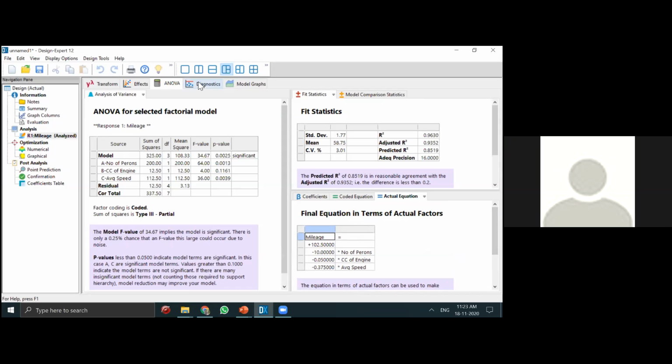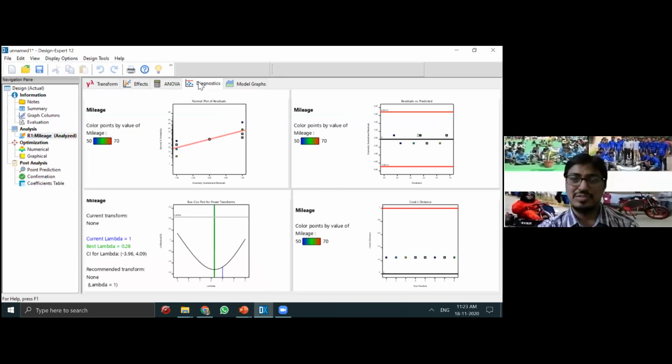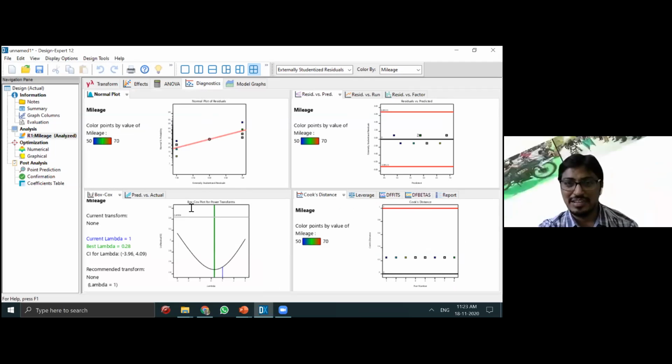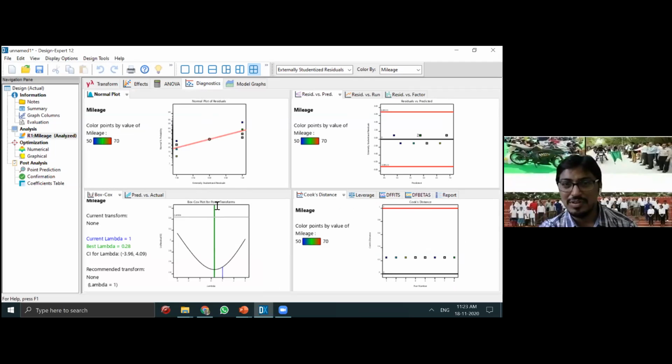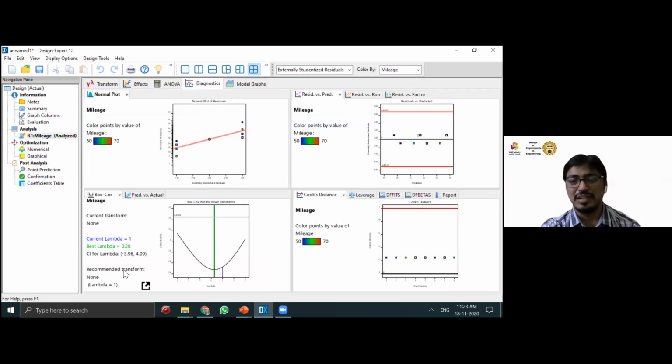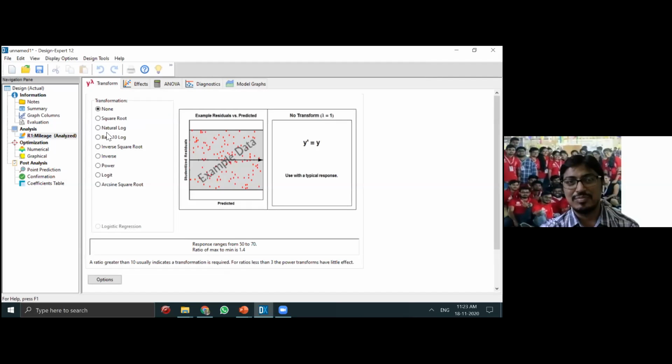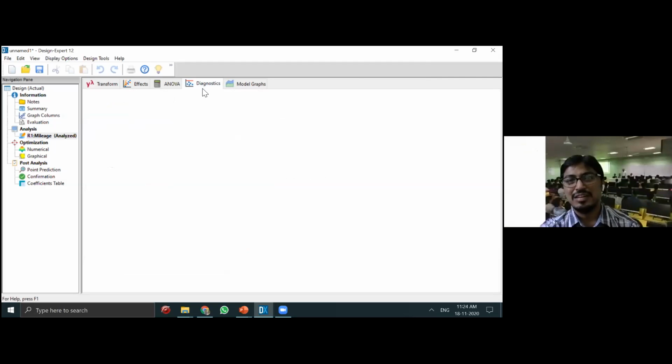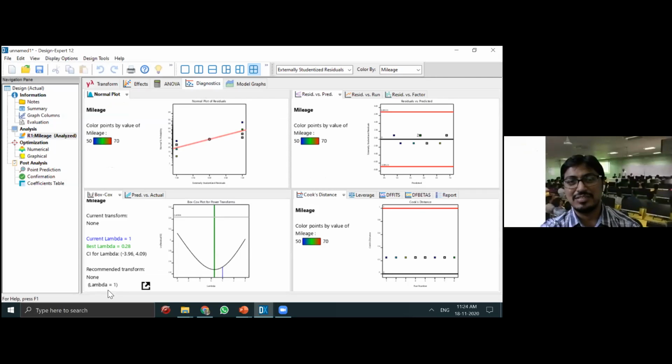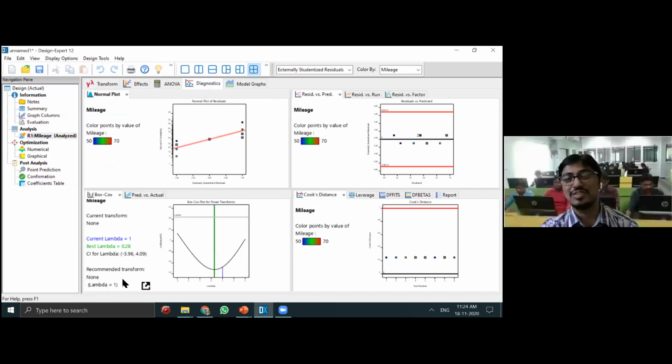Now we need to go to diagnostics. If you see the diagnostics, as I told you, in the Box-Cox plot there will be a recommended transformation. It is recommending none, as I told you at the start. Initially I will do it with none. But finally, in the diagnostics, if it is recommending lambda equal to 1, fine.